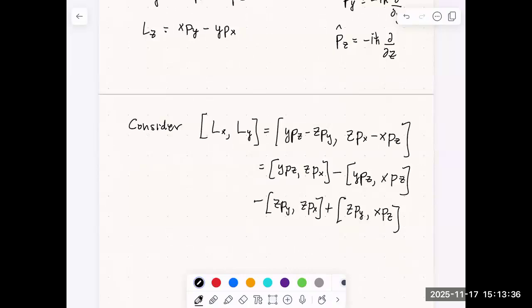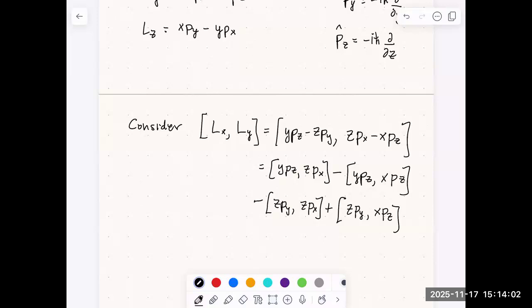Now, are there any of these that are obviously going to be 0? There's four. There's the first one, there's a middle two, and then there's a last one. Which ones do you think will vanish? The second one will vanish. Exactly, it will, because pz is going to be derivatives with respect to z, but I don't have any z's here.